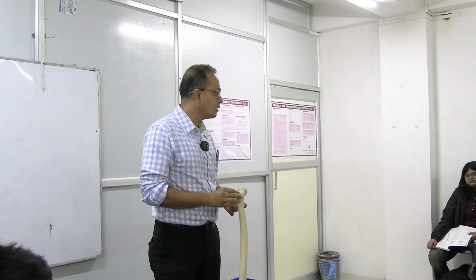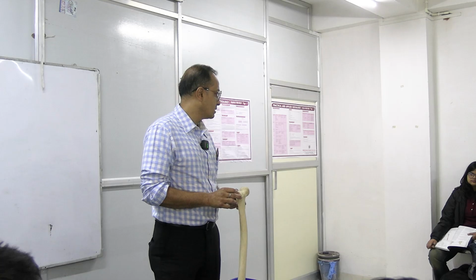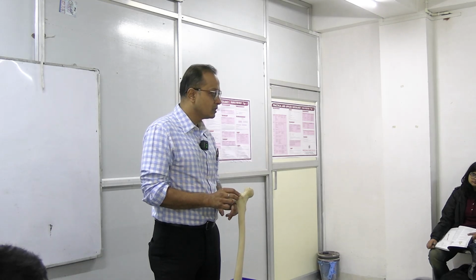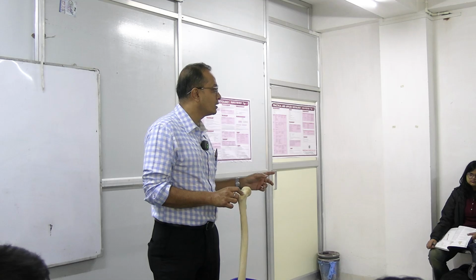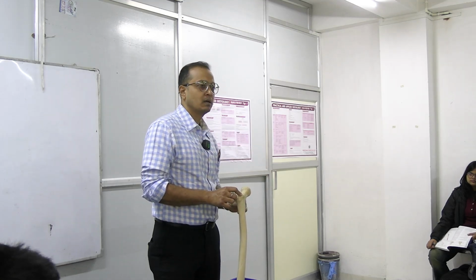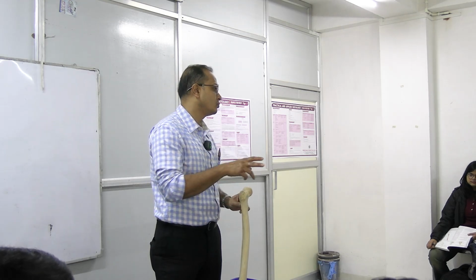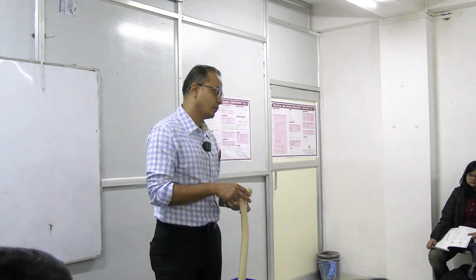So, on the greater trochanter, gluteus medius and gluteus minimus, and psoas major and iliacus, which we call iliopsoas, attach on the lesser trochanter. Greater trochanter and lesser trochanter, these four muscles we must know.